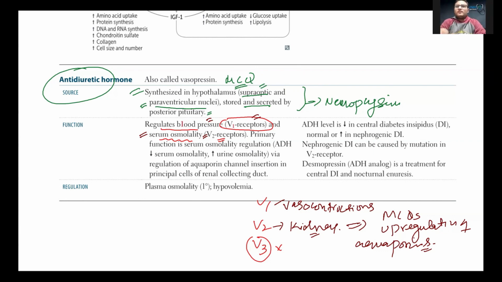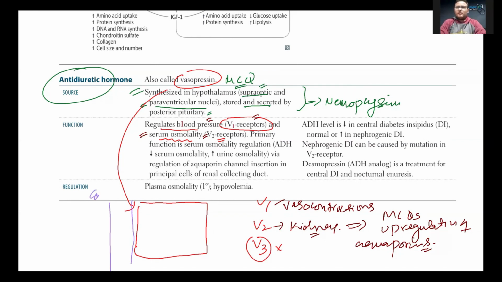So the first chain of events: I am drawing a principal cell. This is the tubule, the collecting duct side, and this is the blood vessel side. There are aquaporin channels present at this position.